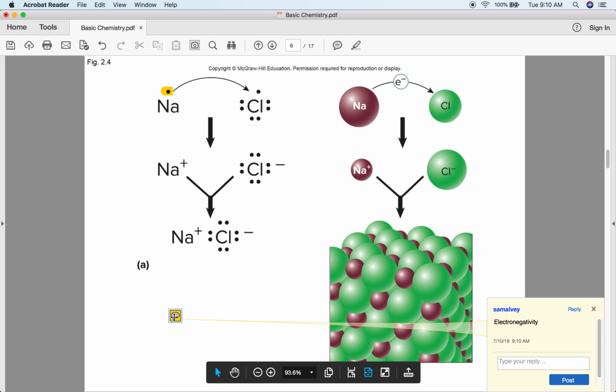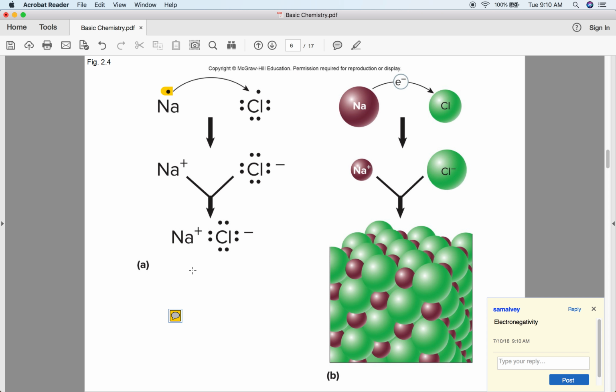The more highly electronegative, the more tightly it holds the electrons, and the more negative it has a tendency to be. The less electronegative, the more likely it is to lose the electrons. So sodium is not very electronegative. Chlorine is very electronegative.